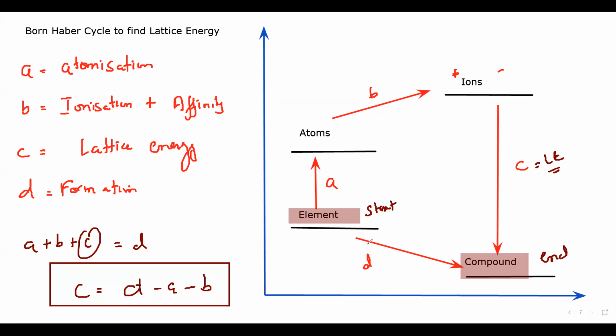So first thing, you have to draw a Born-Haber cycle for different ionic compounds. First stage is that, and next stage we'll substitute the value and we'll work out. But the first stage is to construct a Born-Haber cycle for sodium chloride.